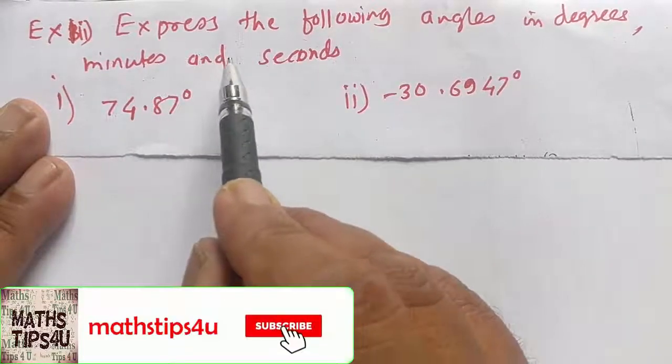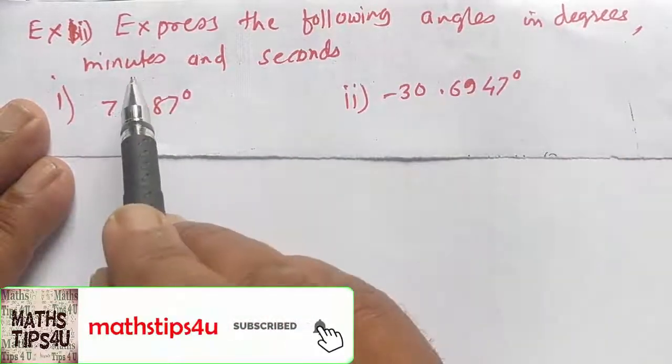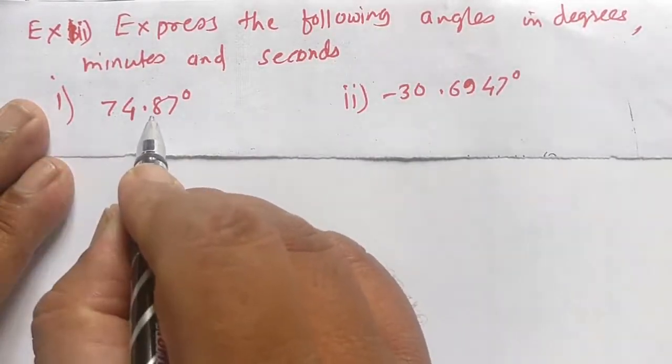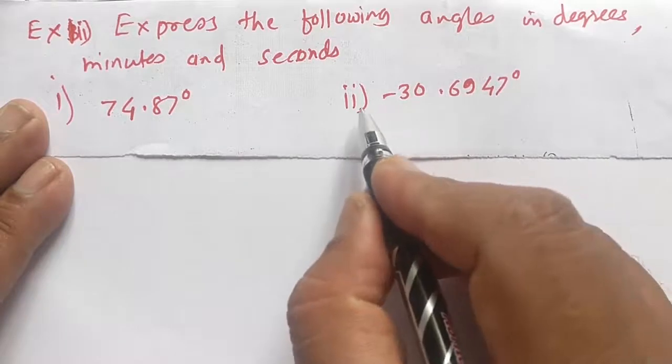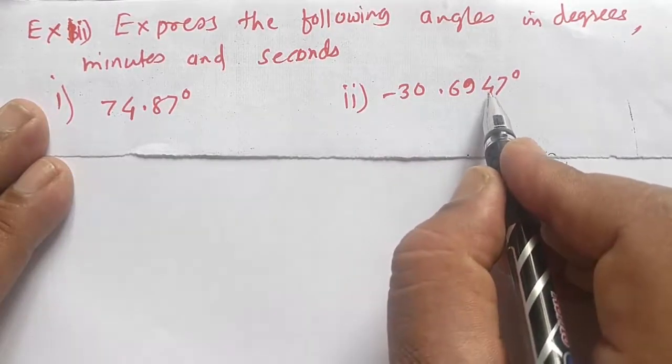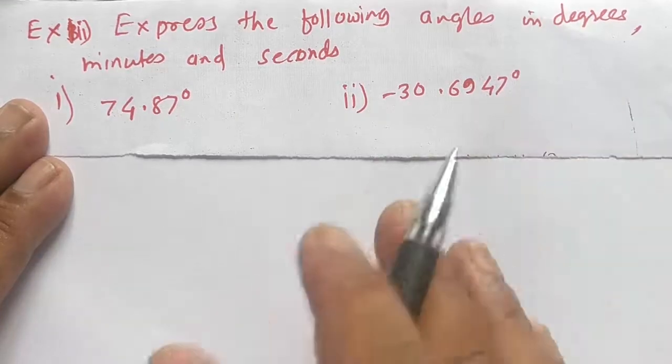Example number 3. Express the following angles in degree, minute and second. Number 1, 74.87 degree. Number 2, minus 30.6947 degree.